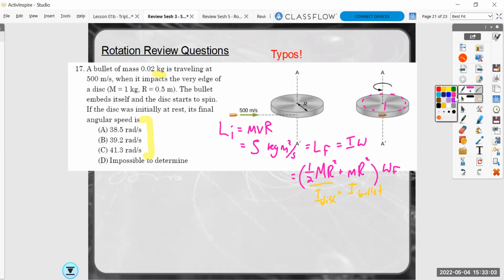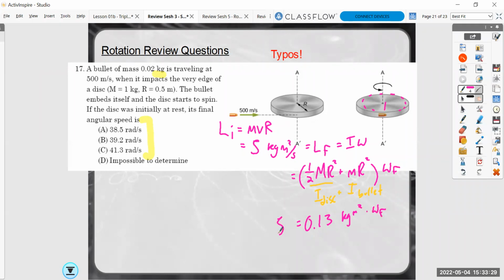We can go ahead and calculate that out. 1/2 times 1.5 squared plus 0.02 times 0.5 squared. So I get a total I here of 0.13 kilogram meters squared, and that equals 5 divided by omega.